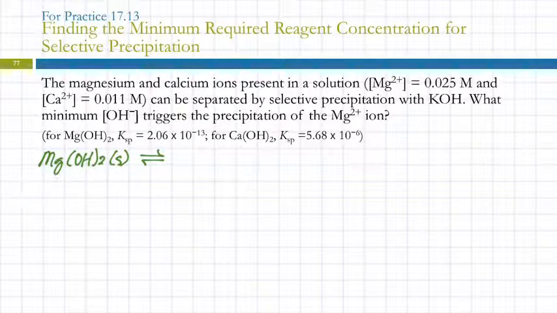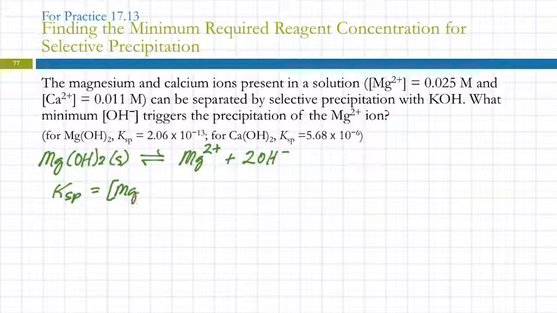And we always have to consider the stoichiometry here because that affects the expression. Got magnesium and 2 hydroxide ions. So when we calculate KSP, it's the magnesium ion concentration times the hydroxide ion concentration squared, right?